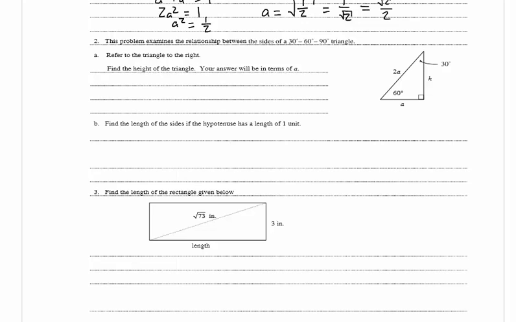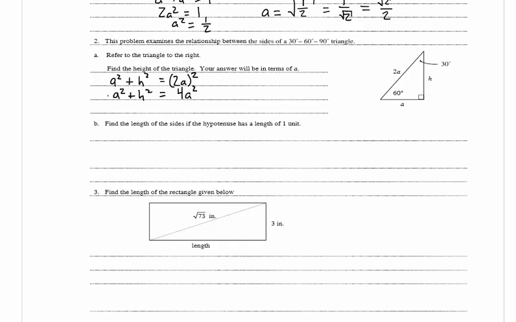Your answer will be in terms of a. So we want to find the height, so we're trying to solve for h. So we're going to have a squared plus h squared is equal to 2a squared. And now I have a squared plus h squared is equal to 4a squared.